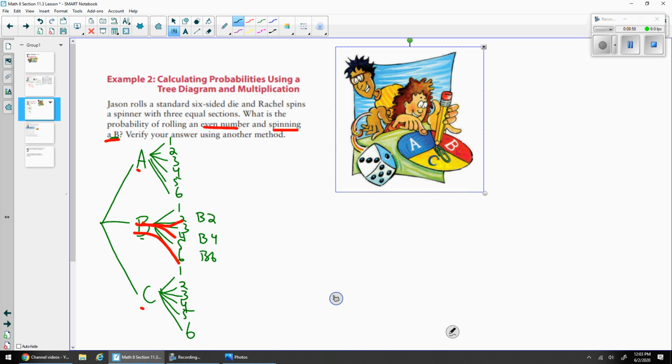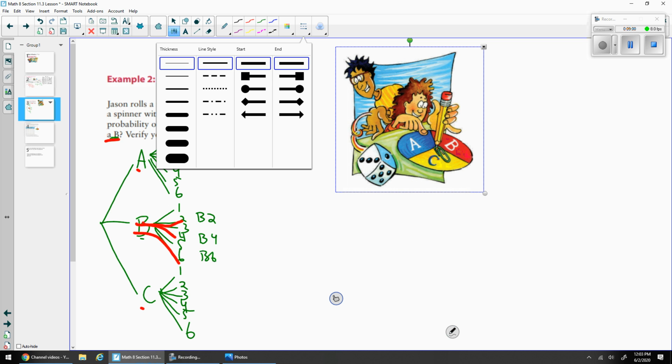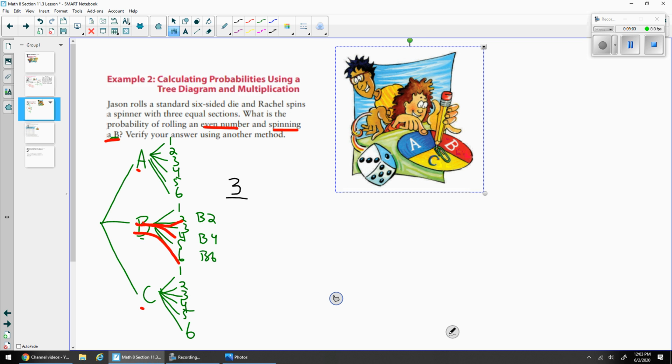So we could say it would be 3 out of, well, how many total possible outcomes are there? 1, 2, 3, 4, 5, 6, 7, 8, 9, 10, 11, 12, 13, 14, 15, 16, 17, 18. So 3 out of 18 from our tree diagram.